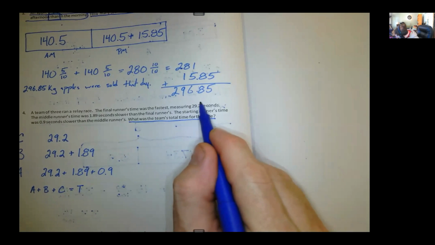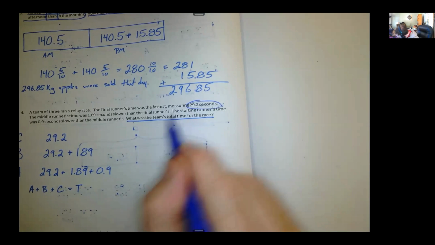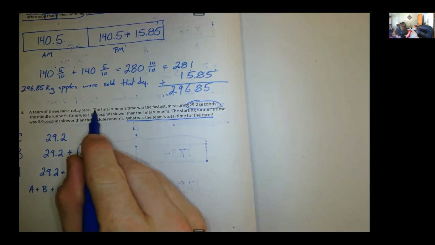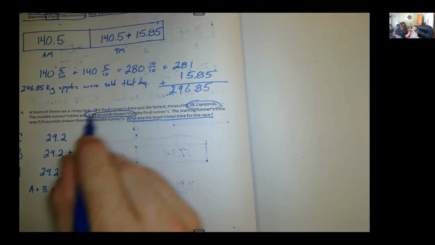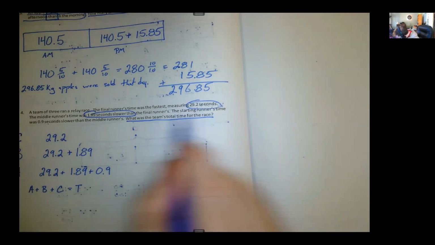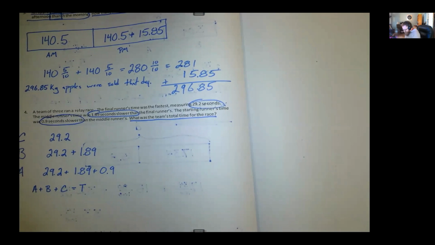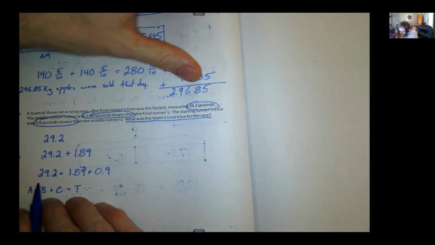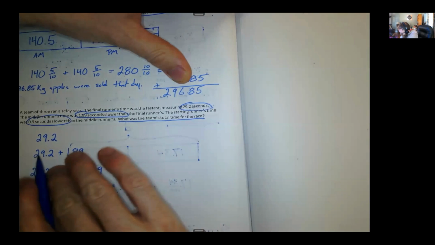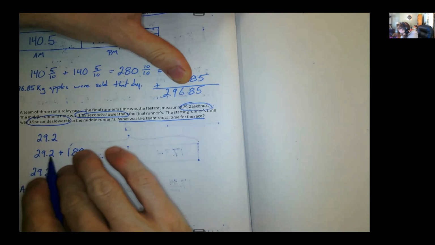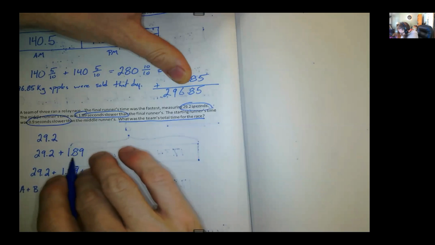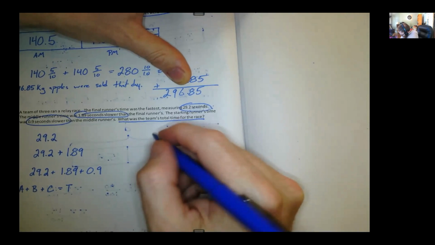All right, so we've got 29.2 seconds. Then we've got 1.89 seconds slower. Then we've got 0.9 seconds slower than that. So the first thing we need to do is take 29 2/10 and add it to 1 89/100.